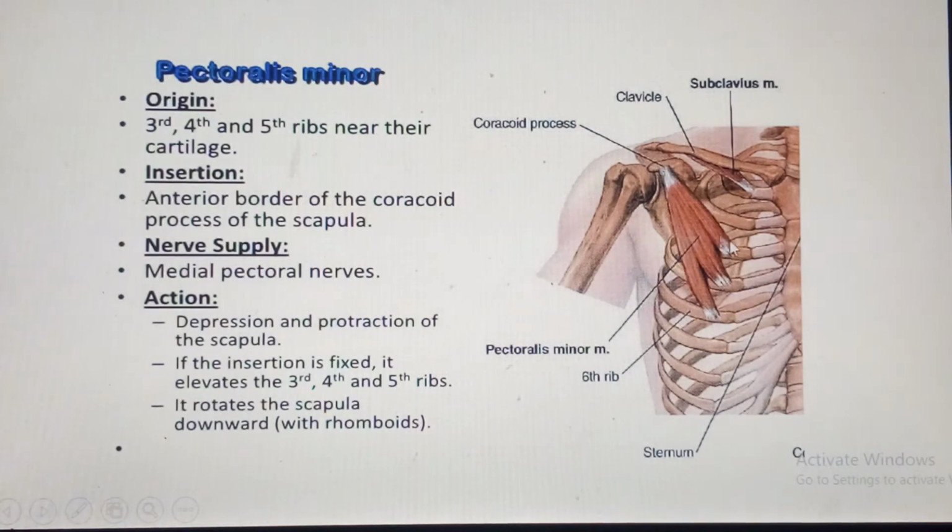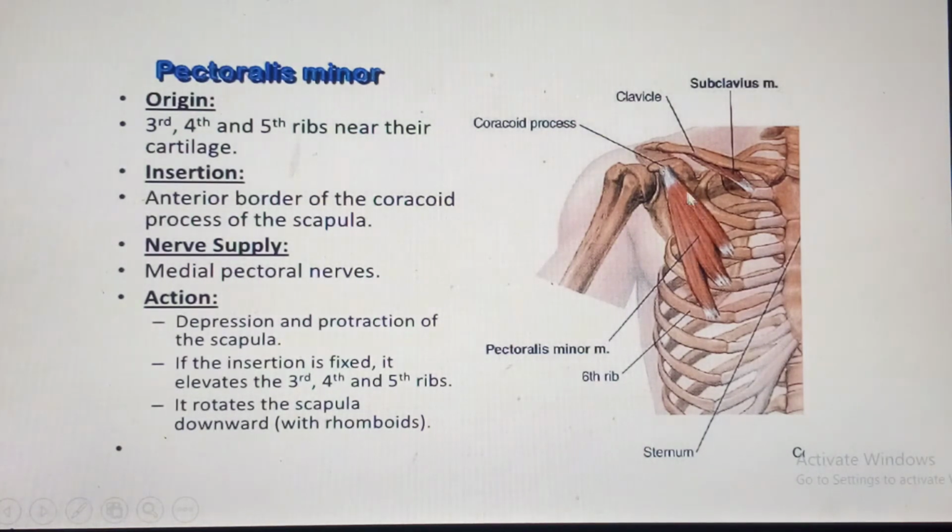So pectoralis minor muscle originates from the external surfaces of ribs 3 all the way to rib 5, near their costal cartilages. The fibers move superolaterally to insert on the coracoid process of the scapula.